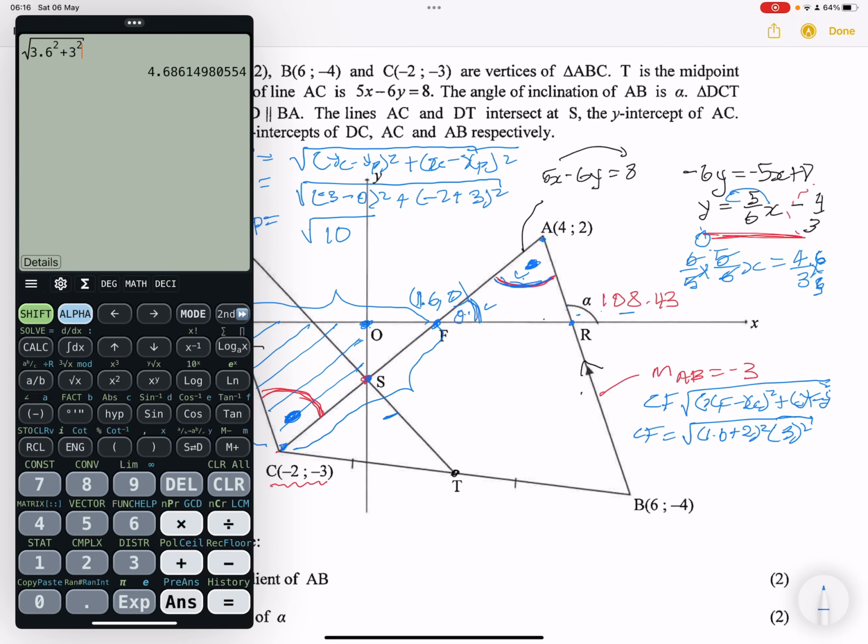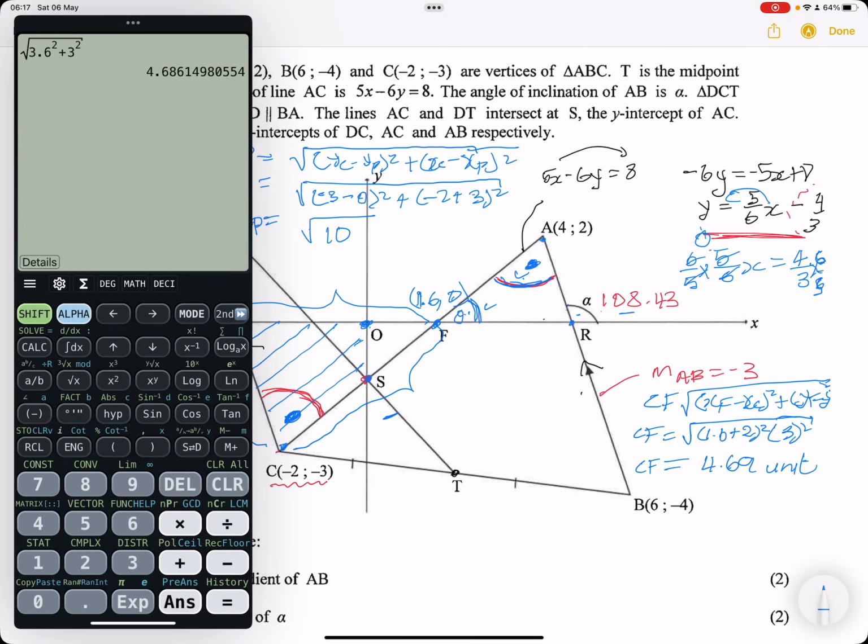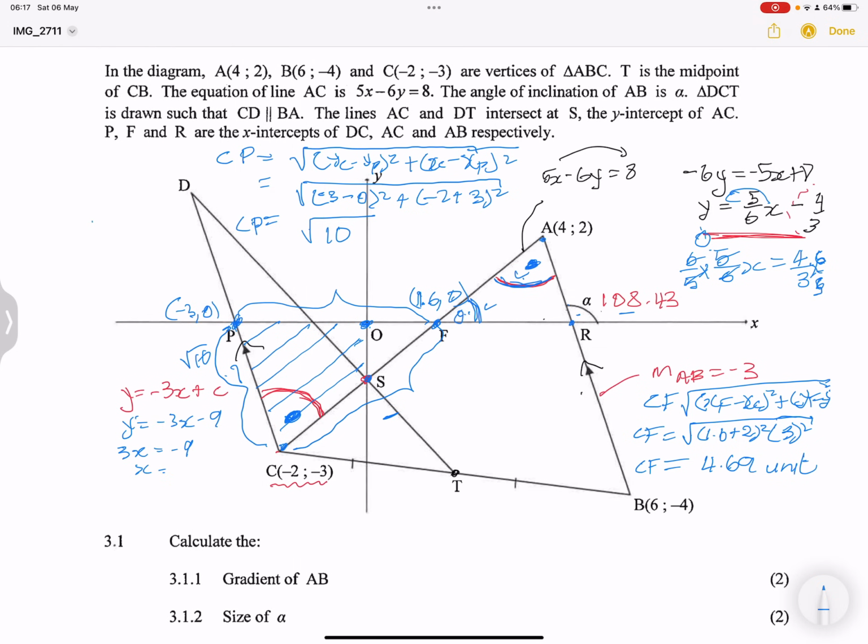Okay, and that gives me, let's give this a shot, 4.69 units. Please keep in mind, ladies and gents, if it is possible, and it's up to you, please try to only round off at the end, right? So we've got square root 10 and 4.69.